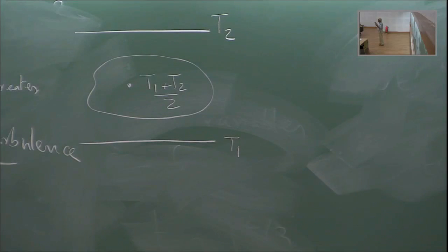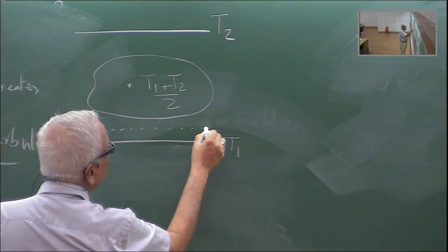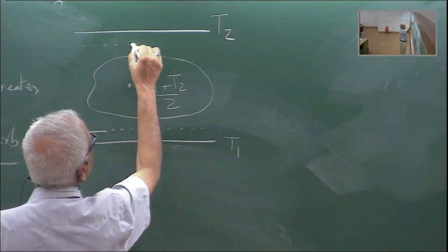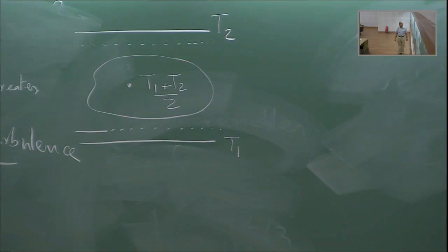So it's at the mean temperature almost everywhere. And where does the temperature variation occur? The temperature variation occurs in two regions which are adjoining the plates over here.